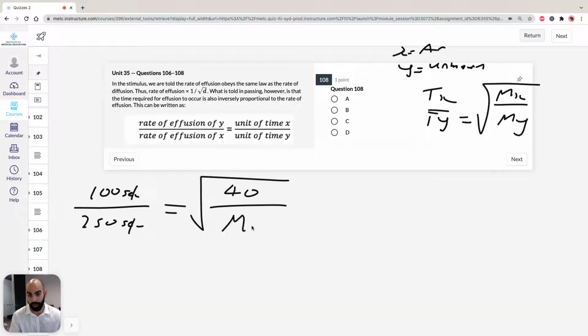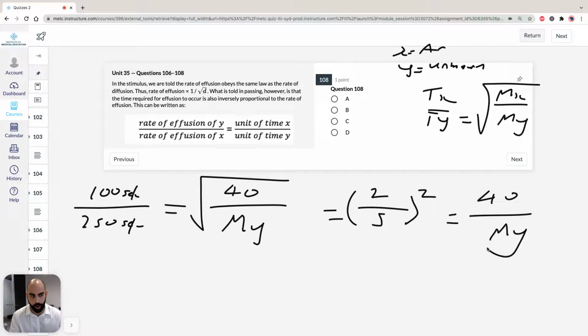If you want to remove the square root, it's easy to write 100 over 250 as 2 over 5, and then we can square it, which equals 40 over My.